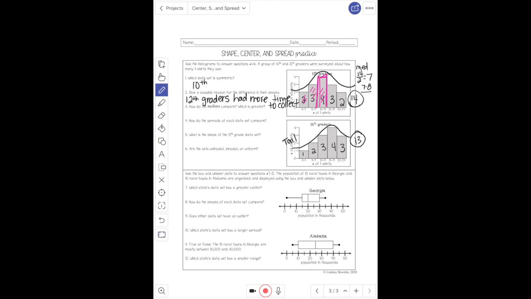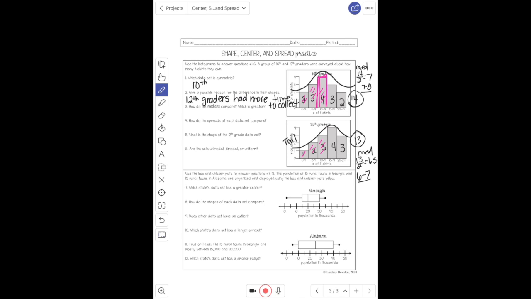All right, so now I'm looking at the 12th graders. So I have 13. 13 divided by 2 is going to be 6.5. So we would fall between 6 and 7 as our median. So again, I'm going to count them and see where that 6 to 7 falls. So I have 1, 2, 3, 4, 5, 6.